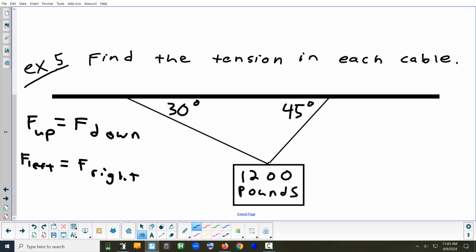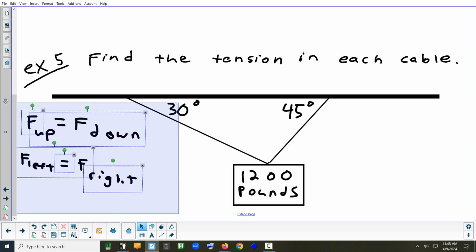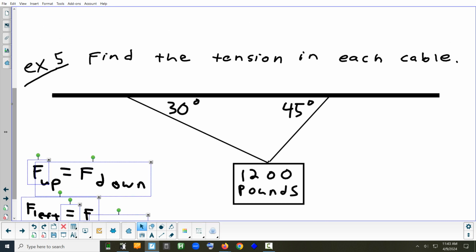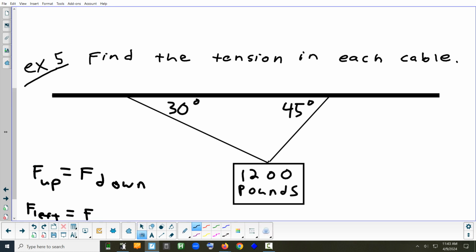All right. What I want to do now is look at the diagram, and I want to start to break these cables up into their components. We're going to call one of them T1 and the other one T2, for the tension in the cables. I guess this one could be T1, and this one could be T2.